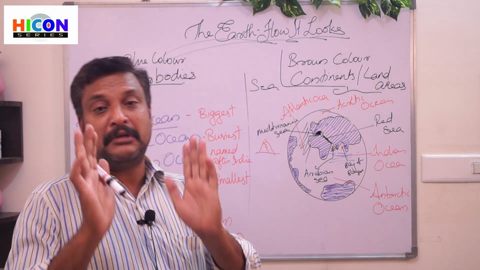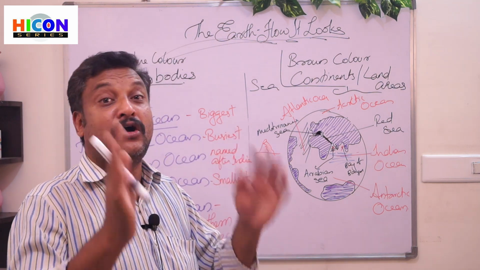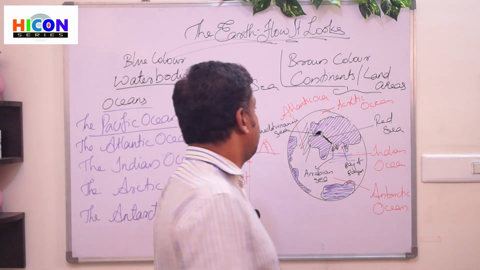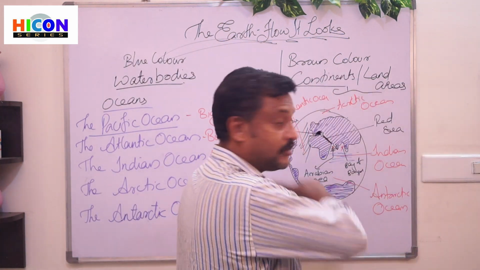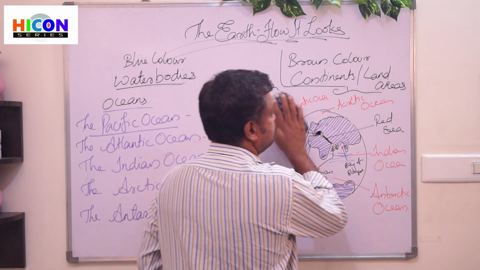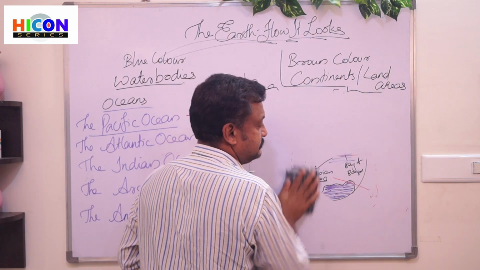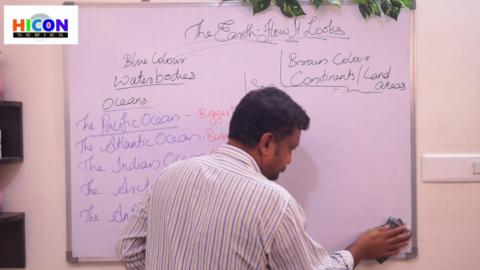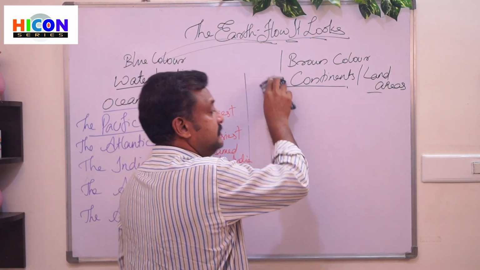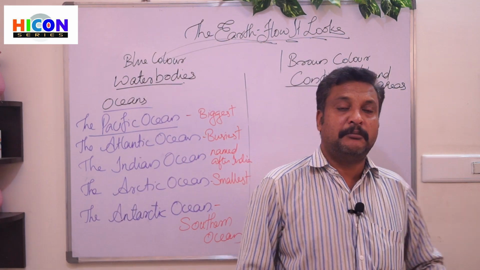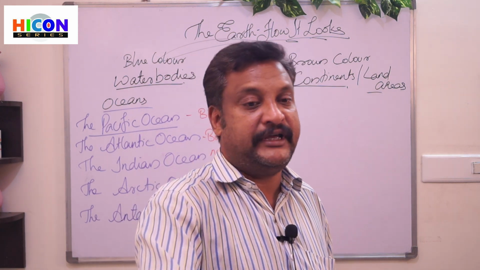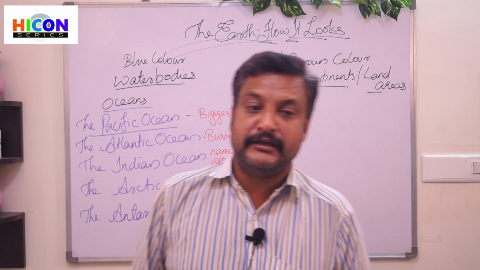The land mass areas or the continents. Now, how many continents are there? Got this concept, isn't it? So what is a continent? The huge land masses that are found in between the water bodies are called the continents.